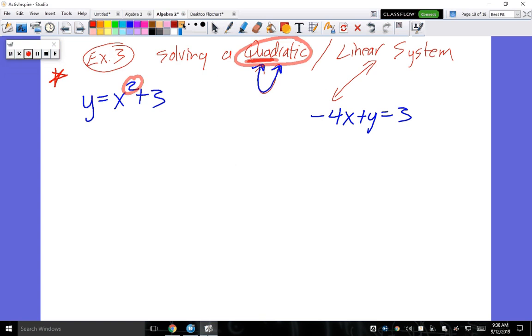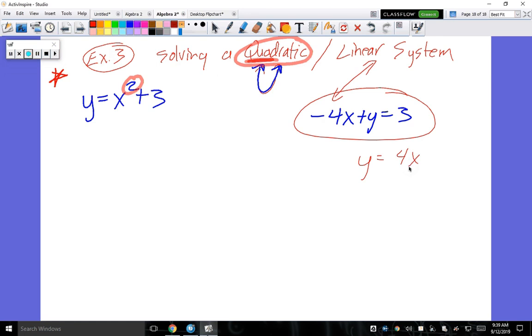Substitution, we've practiced it. Which one of these equations do you think I should try to get a variable all by itself? The quadratic or the linear? Which one? The linear one. Okay, so either one will work. I'm just trying to go the easiest route. Okay? So let's get this with one variable all by itself. y is already by itself.